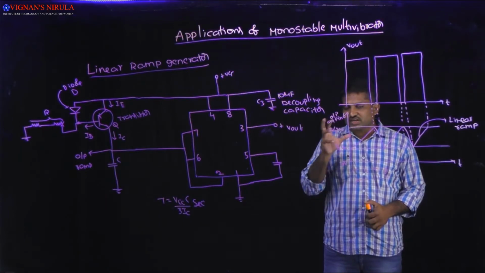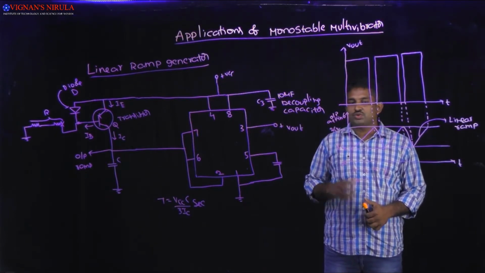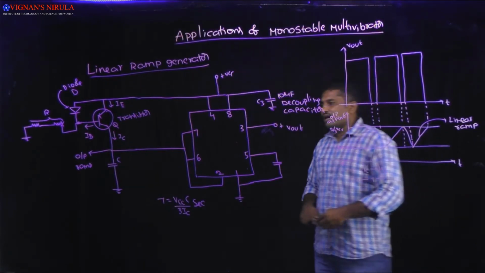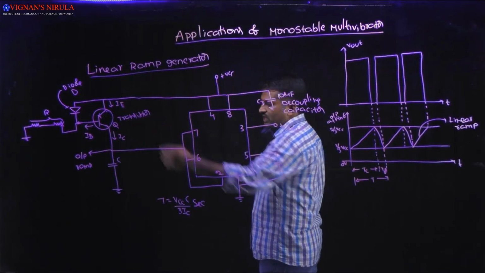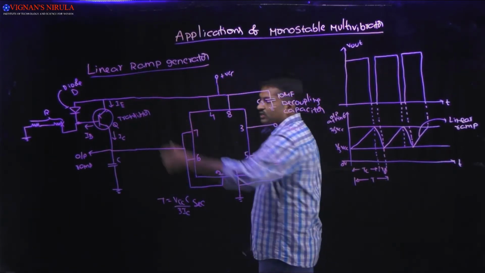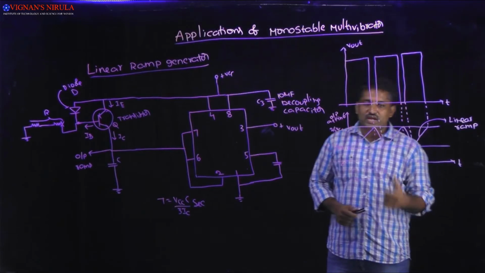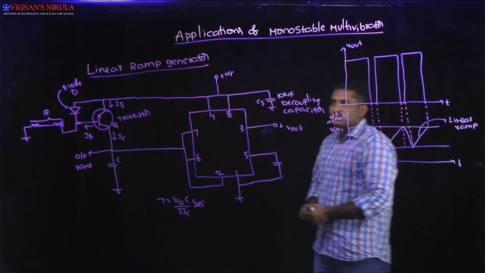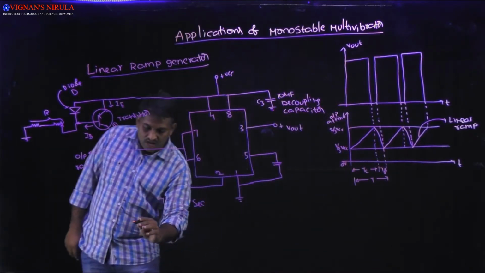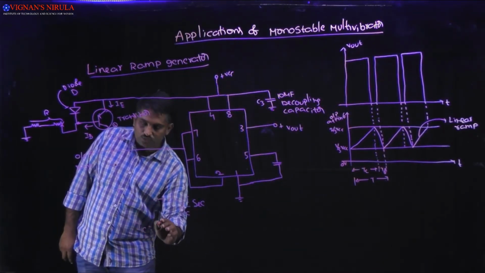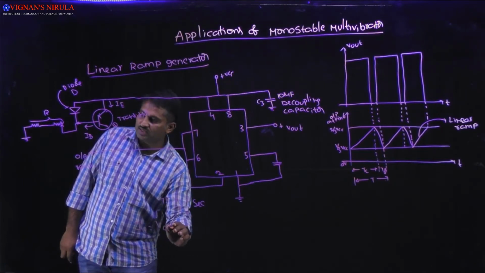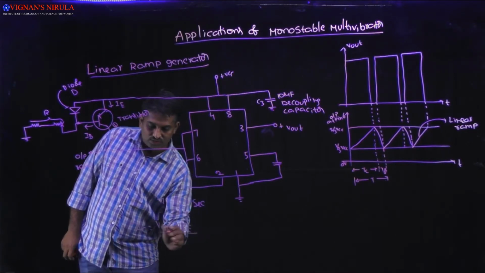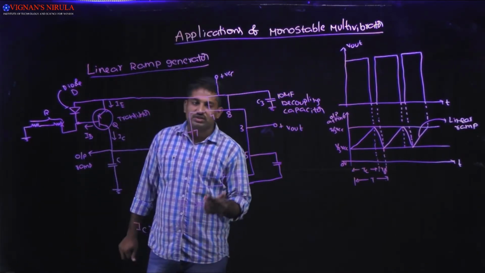Here, for the generation of the constant current source, we are using a current mirror circuit, and the current mirror circuit is constructed with the help of transistor Q and diode D. With the help of transistor Q and diode D, we are generating the constant current source, that is IC equal to VCC minus VBE divided by R, which is nothing but the generation of a constant current source.